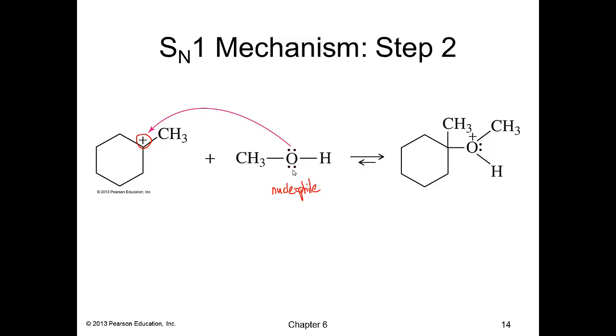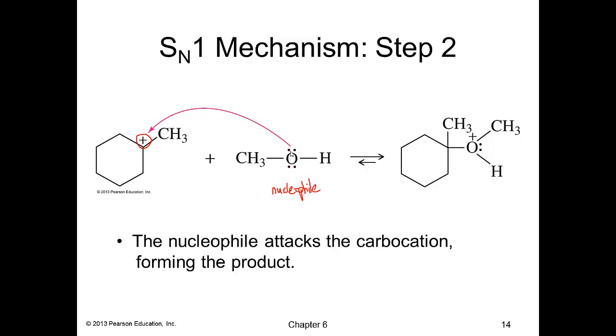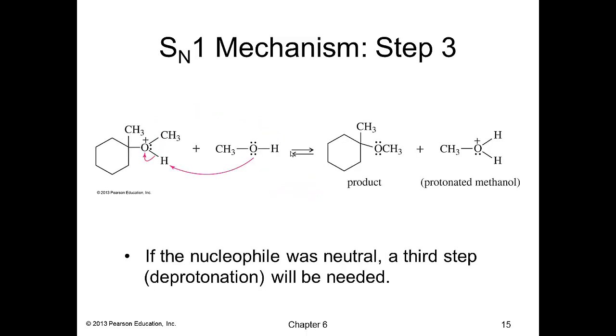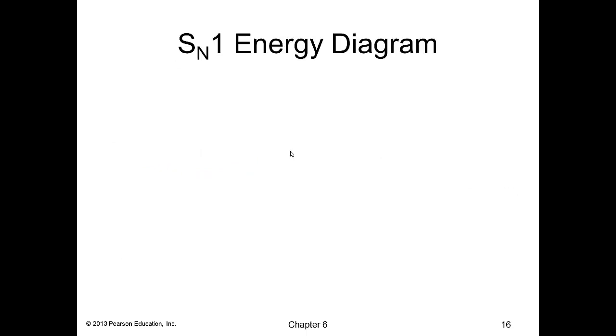We will use those electrons that contribute to the charge to do the attack. And in the third step, if the nucleophile was neutral, or in this case is the alcohol, a third step of deprotonation would be needed.